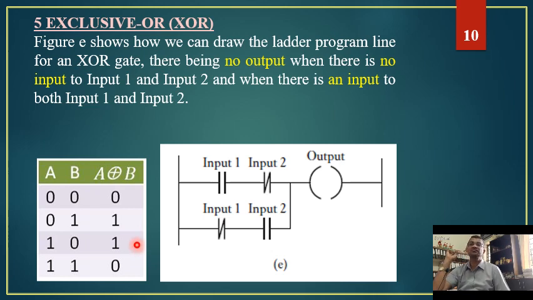Now note that there are 4 switches used, and each branch has one normally open and one normally closed. Again here, one normally closed and one normally open, right? Now don't be under the impression that there are 4 inputs. No, there are only 2 inputs, input 1 and input 2.